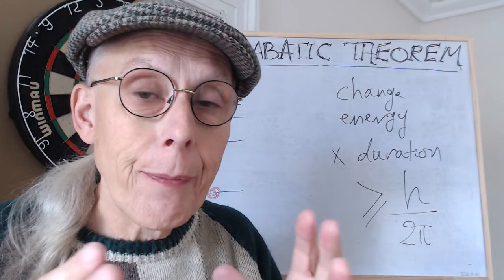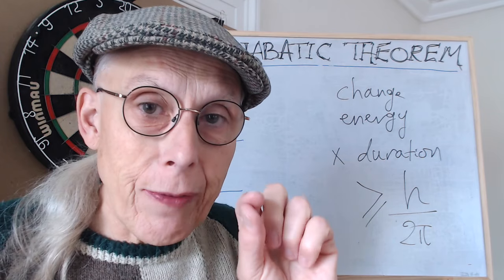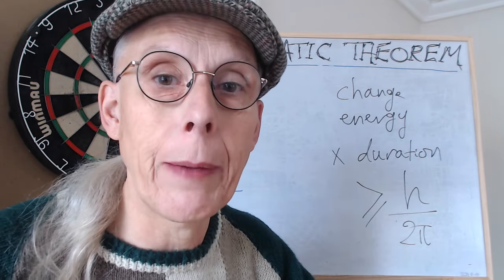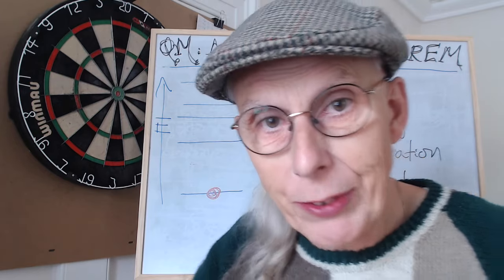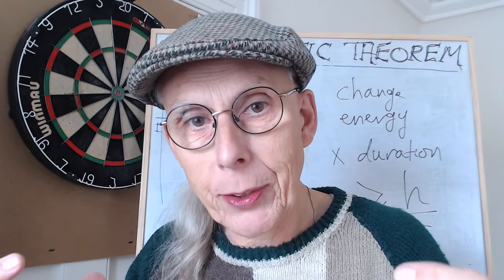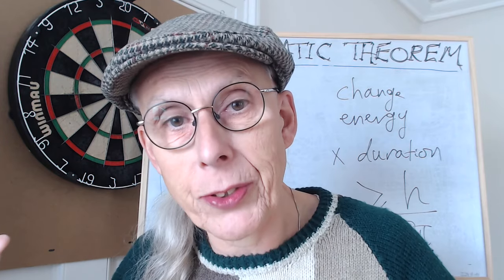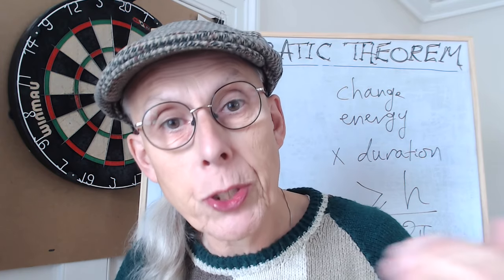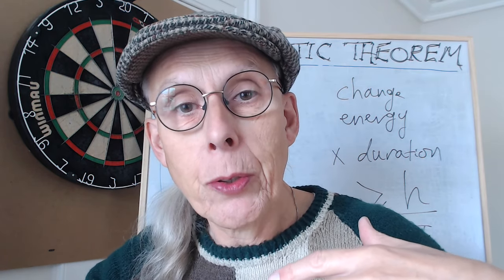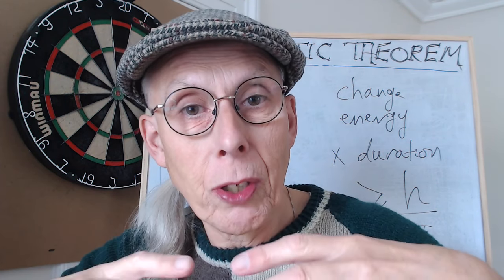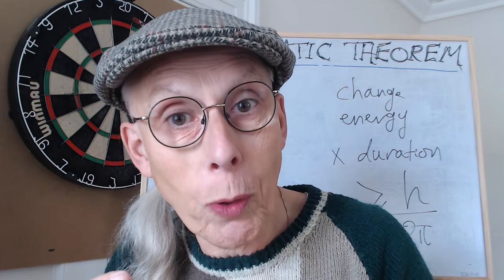On the other hand, you can change the energy by a very small amount if you make a change very slowly. Okay, so in quantum mechanics with atoms and subatomic particles, very abrupt changes lead to very large uncertainty in energy. Very slow changes, where the duration is long, mean that the energy uncertainty can be very small.